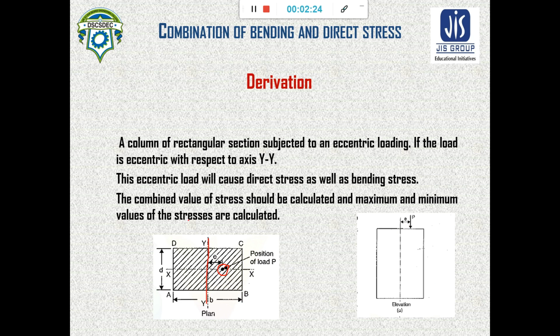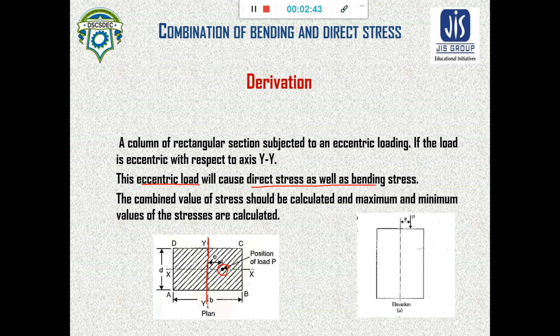Now, due to this eccentric load P, there will be direct as well as bending stress, as we described in the last lecture: whenever there is eccentric loading, both the direct stress and the bending stress act on the body.